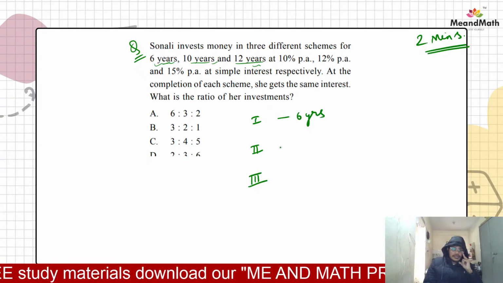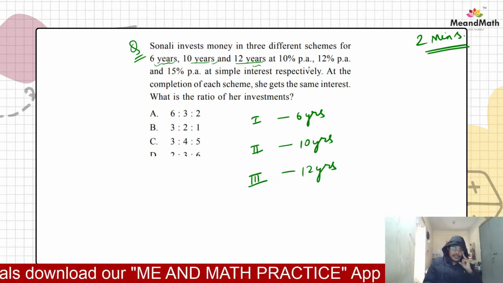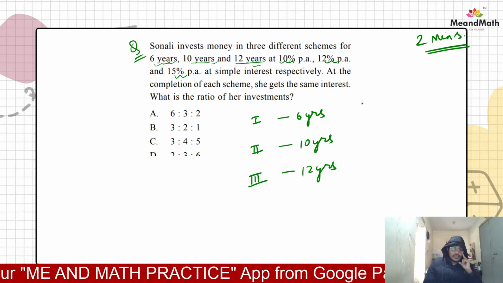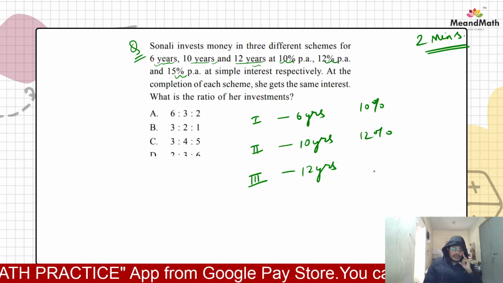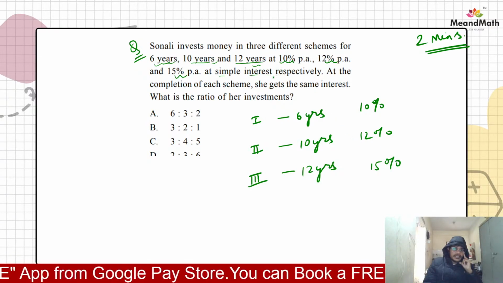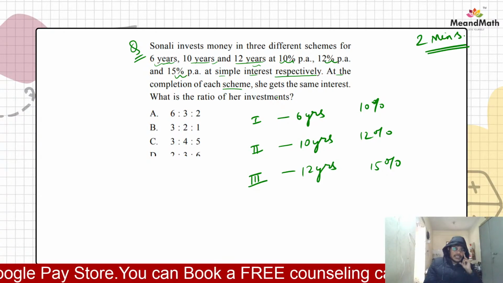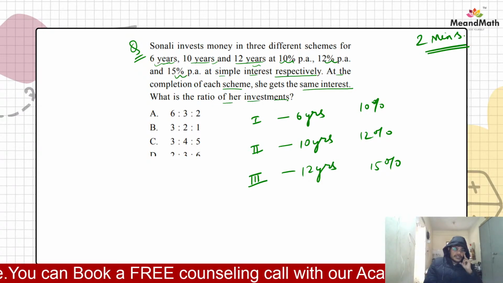At how much interest? 10%, 12%, and 15% at simple interest respectively. At the completion of each scheme, she gets the same interest. What is the ratio of her investments?